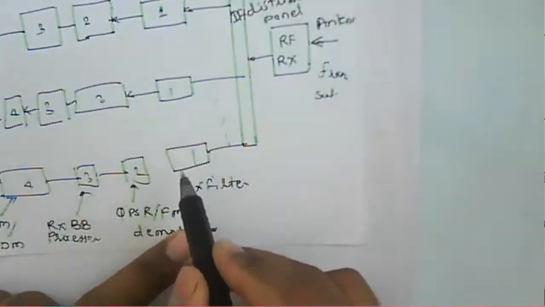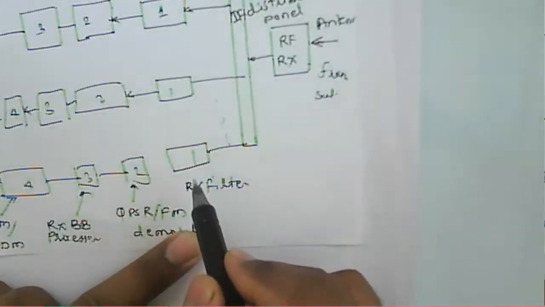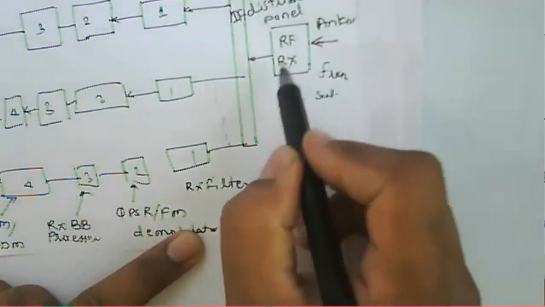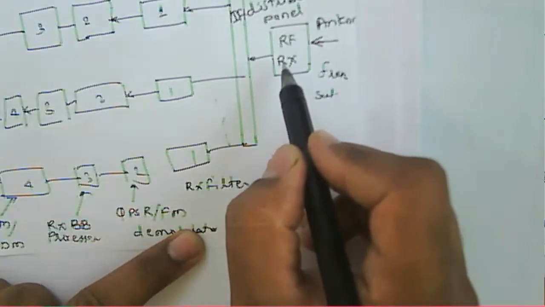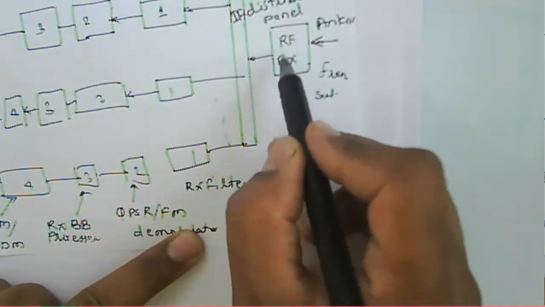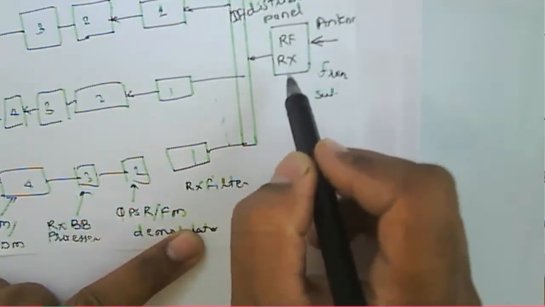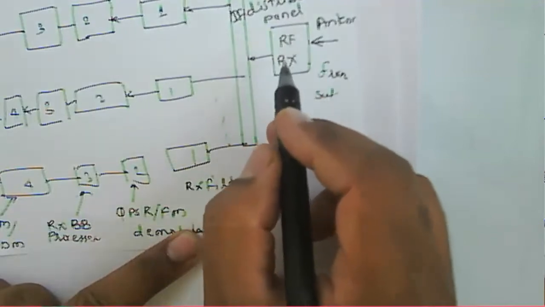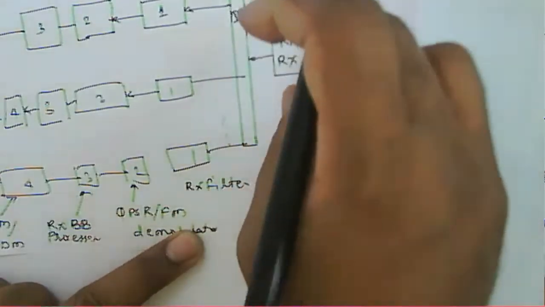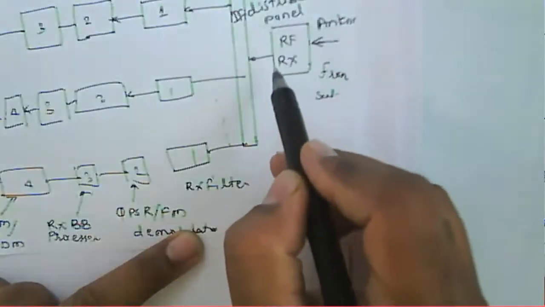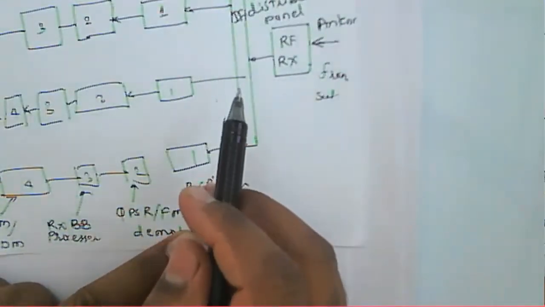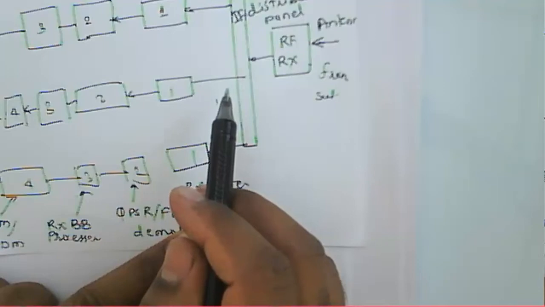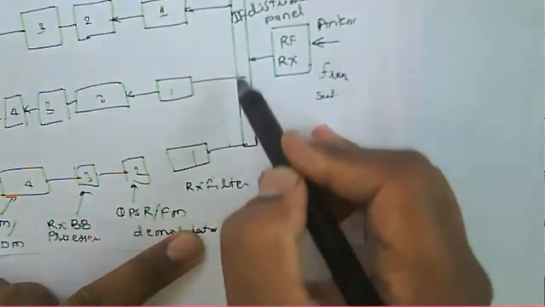In the receiver it has a low noise amplifier, then a down converter, and then we have the local oscillator here, so that you get a down converted output that is part of the RF receiver block. Then the down converted signal is distributed through this IF distribution panel.